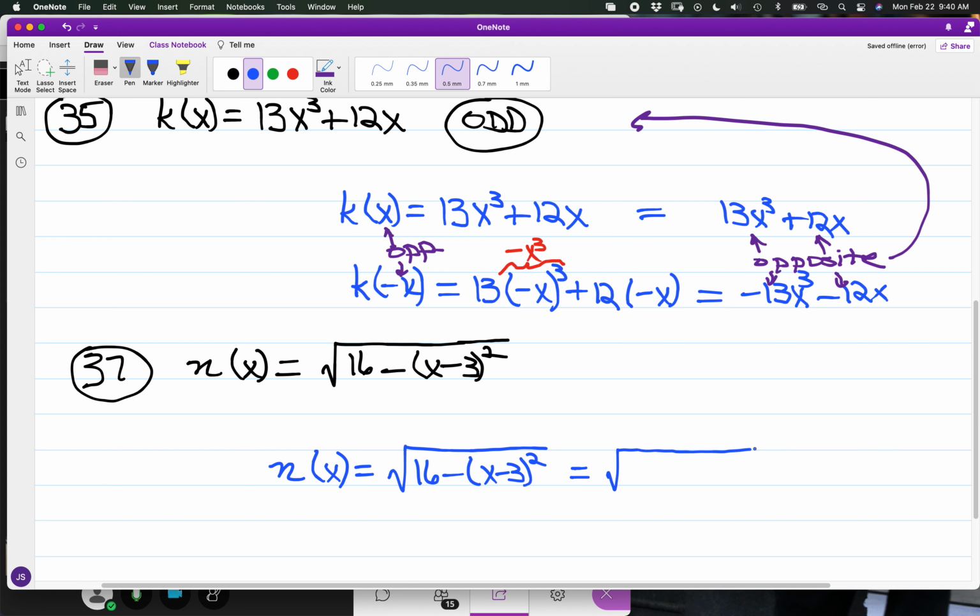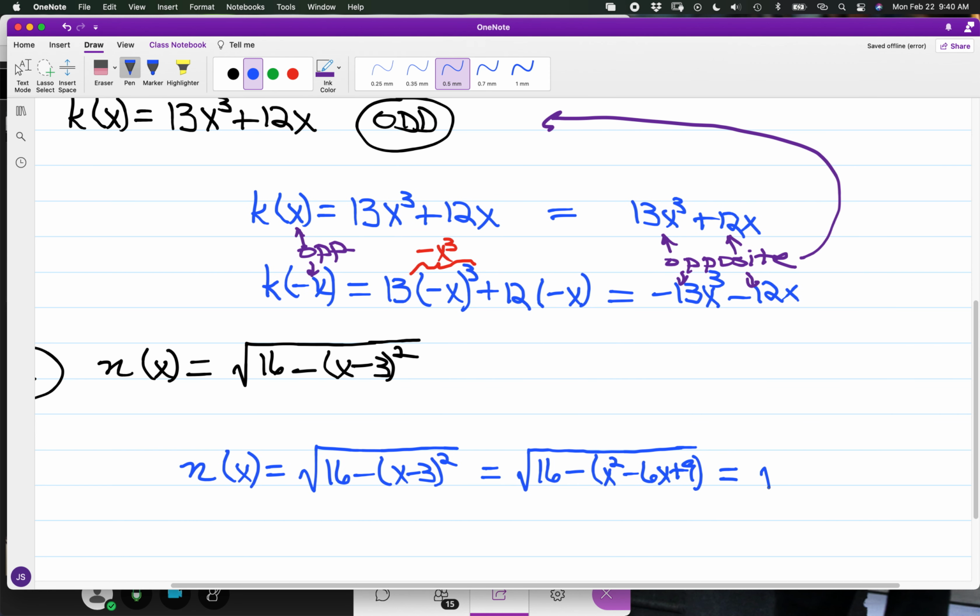I'll go ahead and square this binomial, so we have 16 minus, and for x minus 3 squared, this will be x squared minus 6x plus 9. If I combine like terms, 16 minus 9 is 7, and we have minus x squared, and subtraction over negative 6 changes to the addition of 6x. So here we have 7 minus x squared plus 6x.